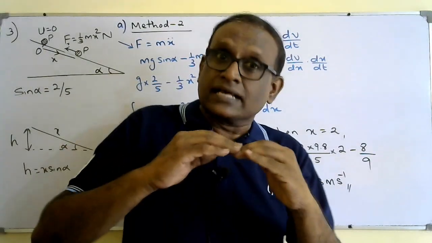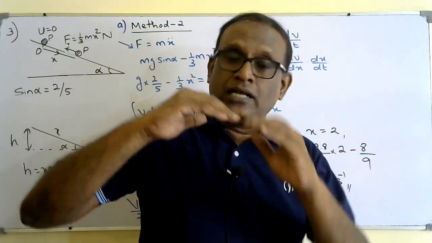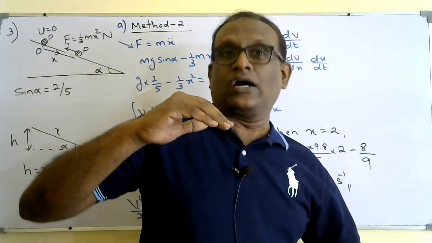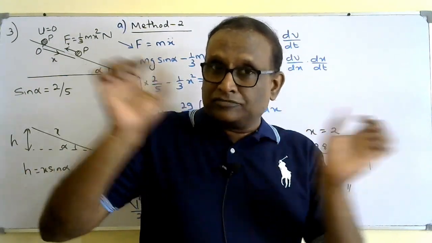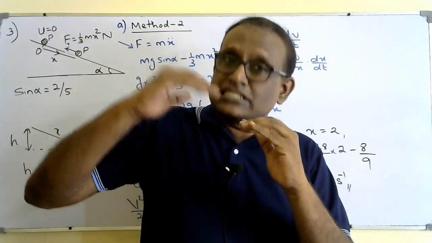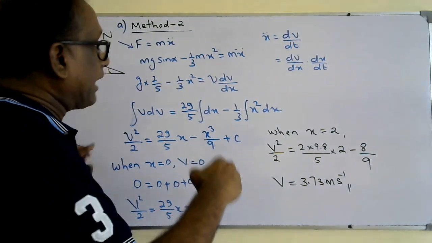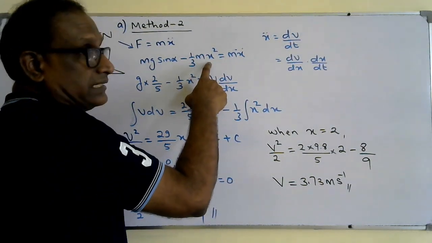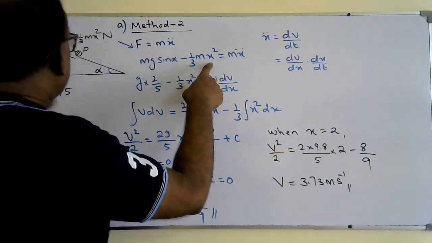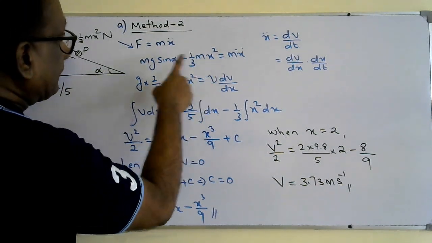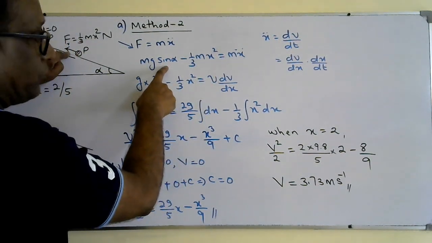But the particle has the highest speed at that point. So the particle will move further down because it has speed, even though the forces are balanced. When the particle moves further down, what's going to happen? X is going to increase further. When x increases further, the upward force becomes greater than the component of the weight downward.